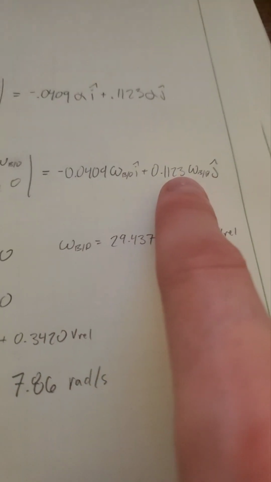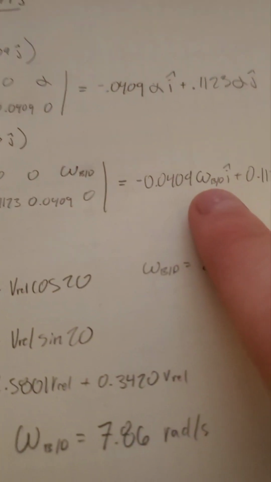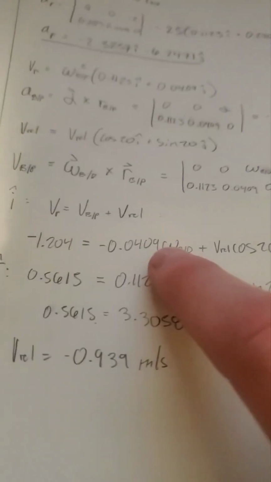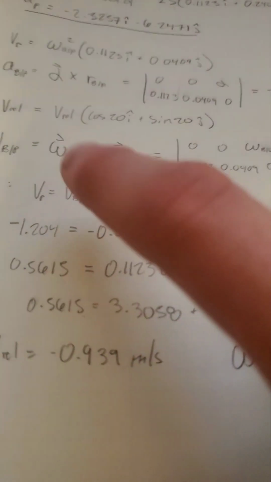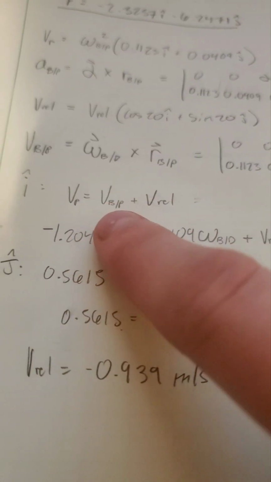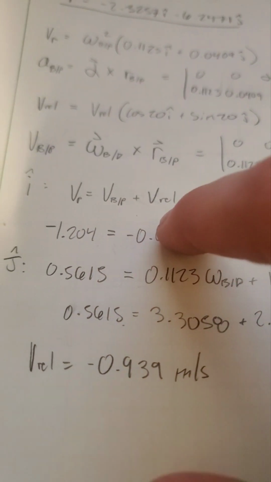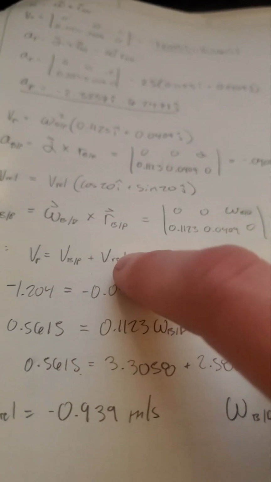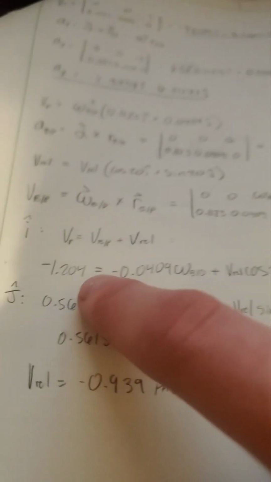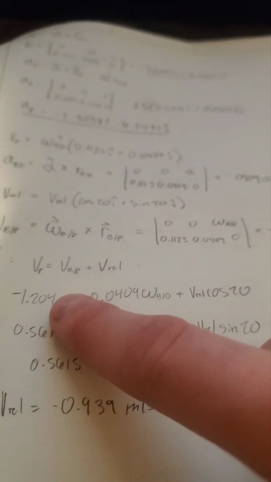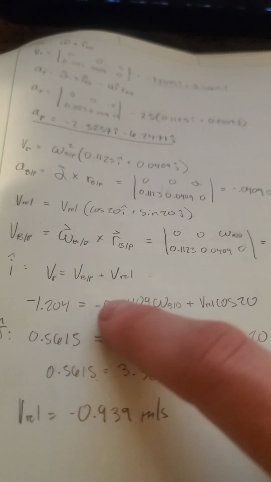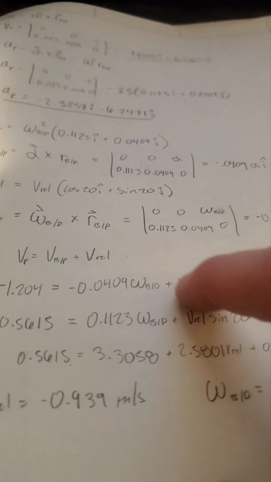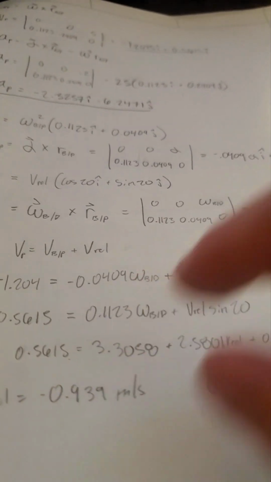Because this is going to go in both directions, like we said, because it's at an angle here. So even though it has it in these points, you can actually still separate this, and we know that the velocity at P is going to be the velocity of BP, and then the velocity relative to that. So we know the velocity at P. We're just looking for the relative velocity and the angular velocity.